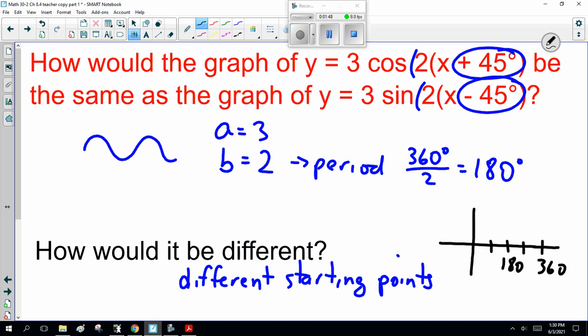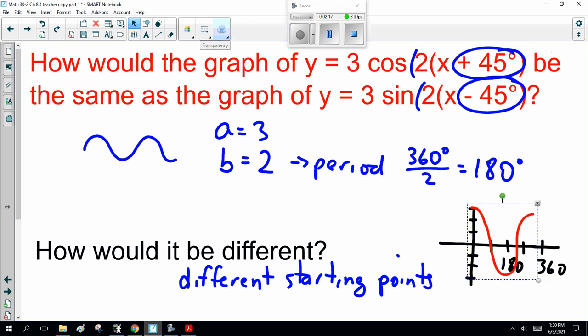Sorry, the first one is cosine, so I'm just going to do it without the amplitude. A cosine graph starts at the top and goes down.